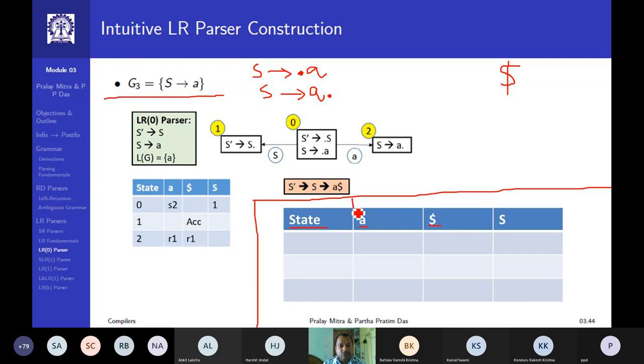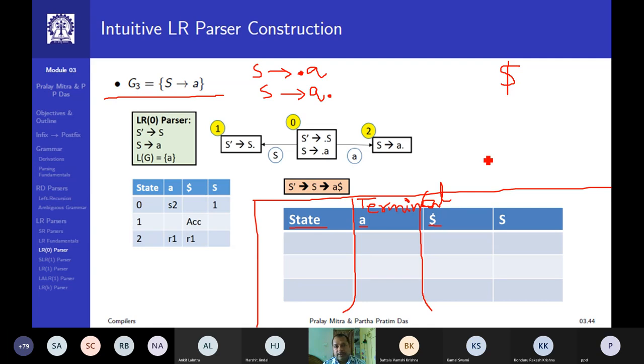So first you will have one column for state. Next you will have all the terminal symbols, with one column for each terminal symbol. Usually this is the order used when the parsing table is drawn.